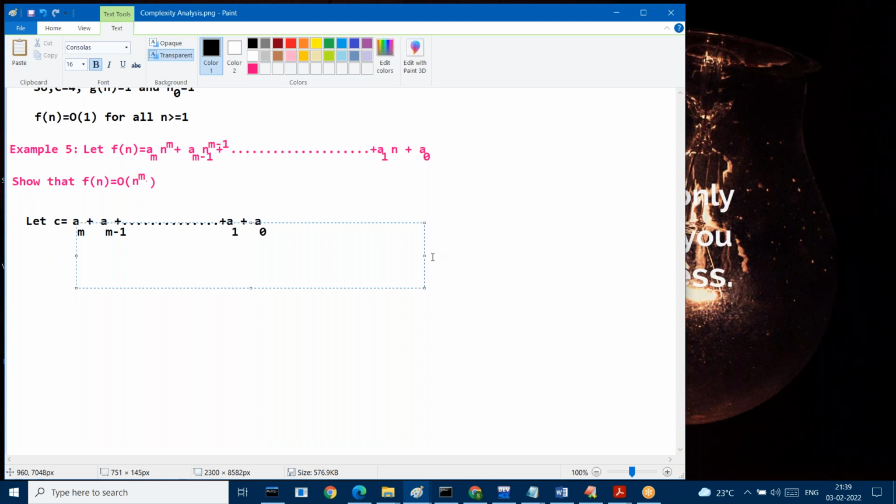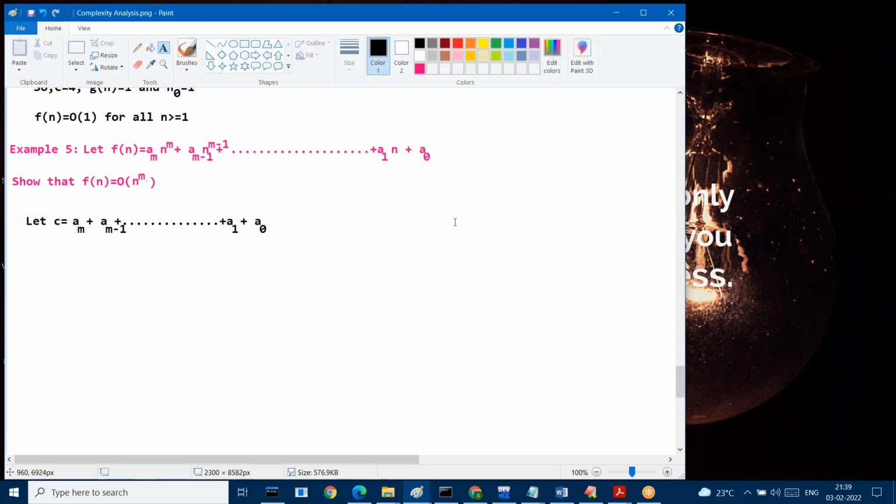This is what I'm assuming by taking all the constant terms. Okay, so I need one symbol, guys.